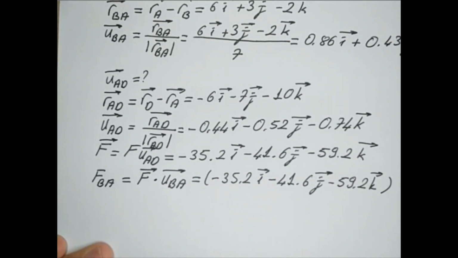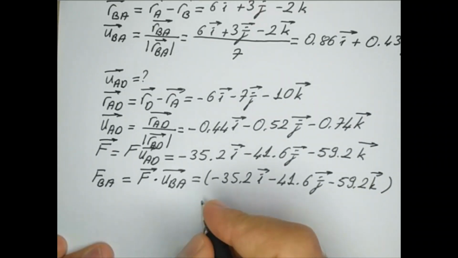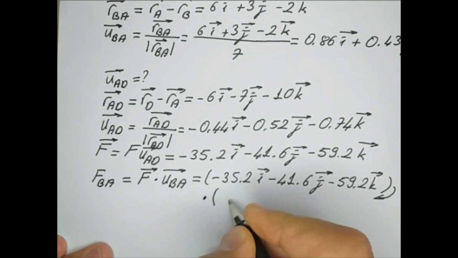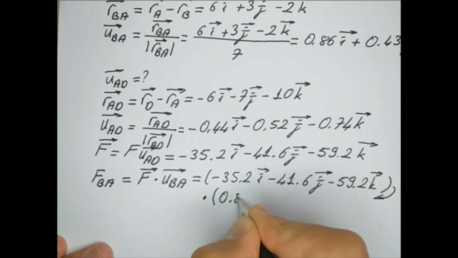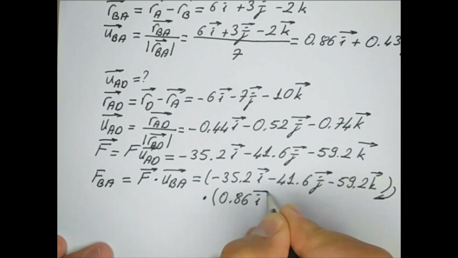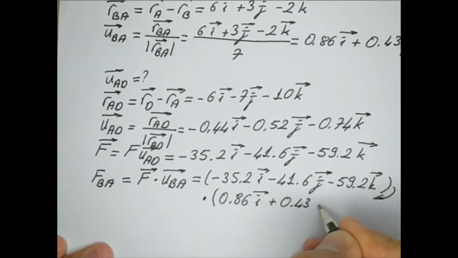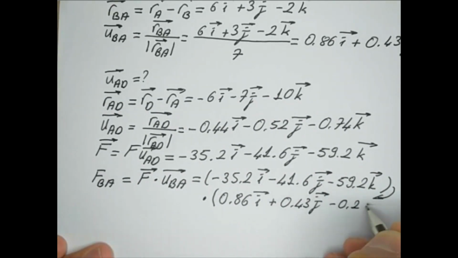I will continue the expression below. Multiplied by 0.86i vector plus 0.43j vector minus 0.29k vector.